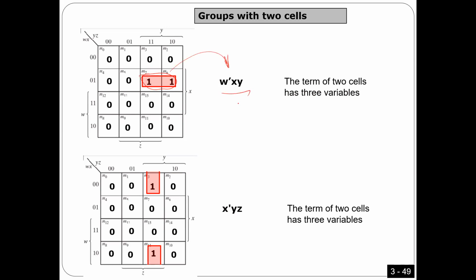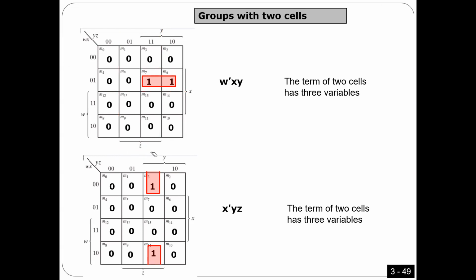Similar to what I have just explained. This is W, this is W prime, so it has to be W prime. Let's look at X. These two are located in the area of X. Let's look at Y. They are located in the area of Y. Let's look at Z. They are not located completely in Z or Z prime. Half here and half here. And this is a term I have to eliminate. You get what I'm saying? So it doesn't have Z prime.